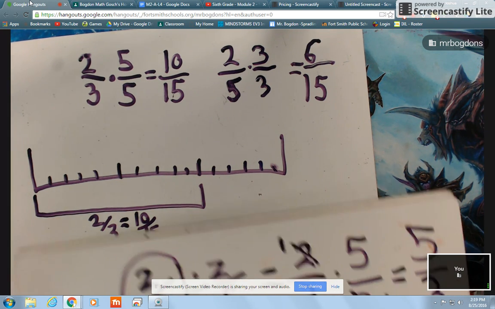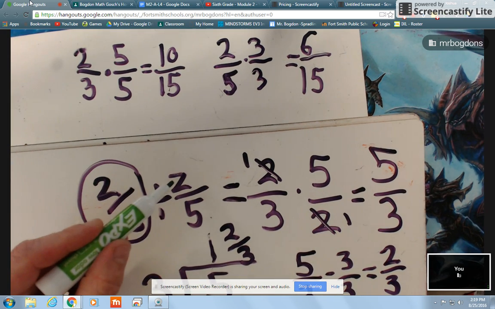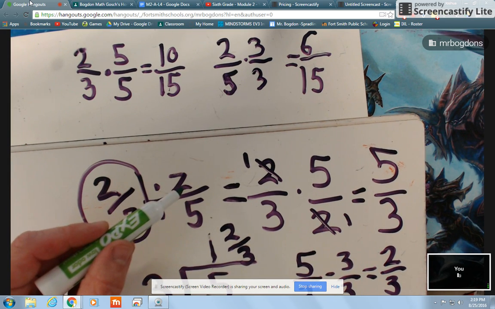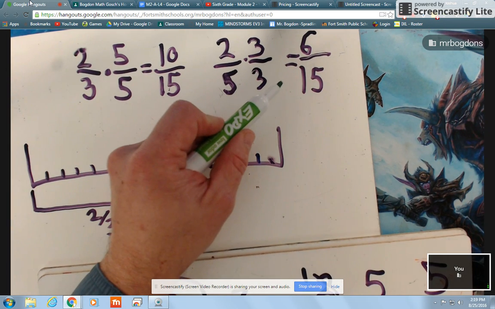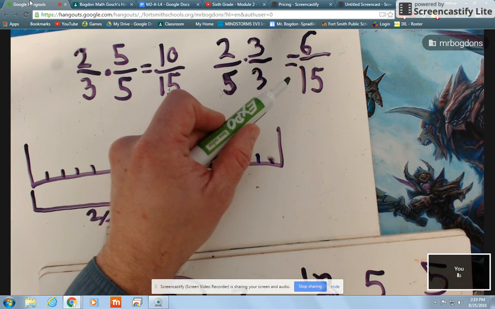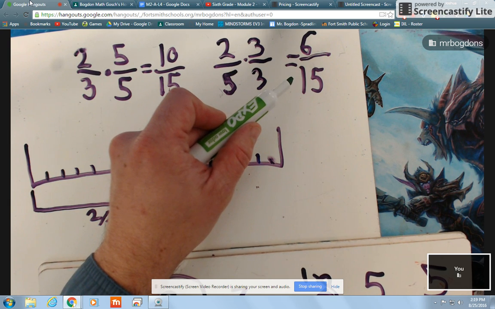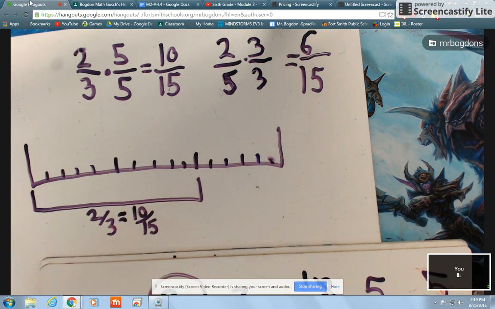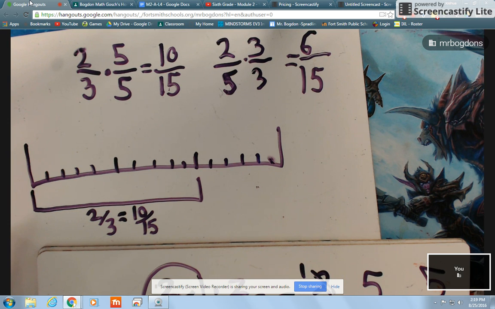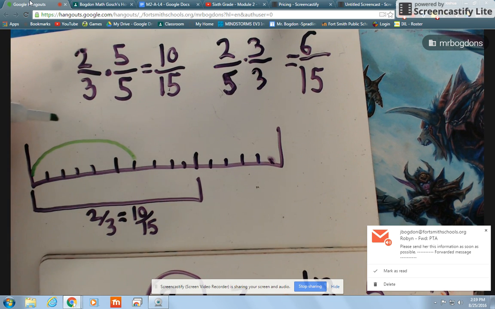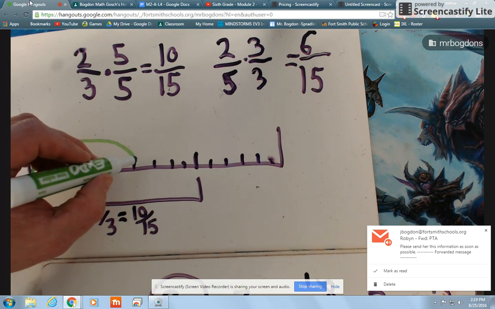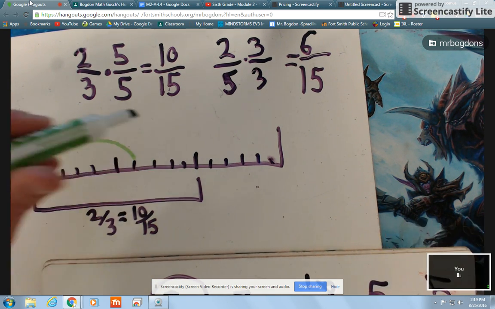So whenever I divide off groups of 2/5, what is 2/5 equivalent to? 6/15. So I need to count by what size group? 6. So here's one group. Can I do that again? I only have 1, 2, 3, 4.